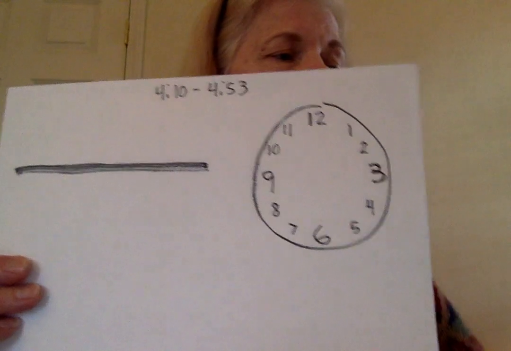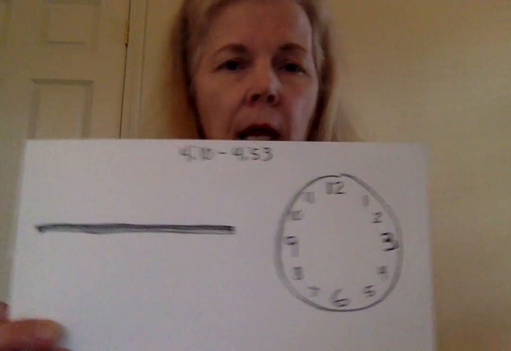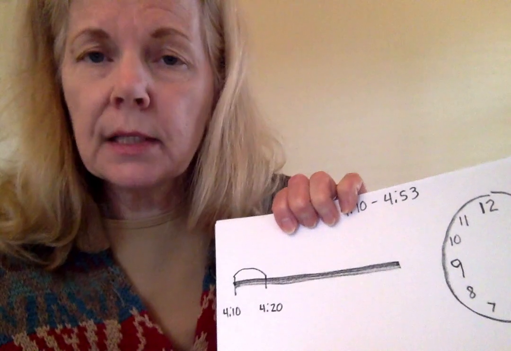So when we're using our number line, if we look at the book, they started with 4:10, and then they went to 4:20. Well, that's a difference of 10 minutes. From here to here is 10 minutes. So let's make some more 10 spaces.